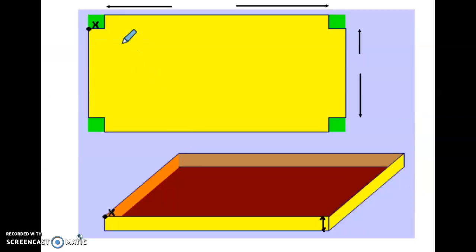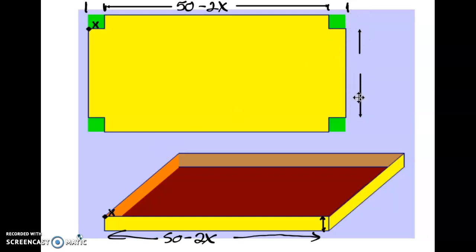So if we look at this box here, the top all the way along is 50 centimeters, but we are taking away x from each side. So we had 50 centimeters, but we've taken away 2 x's. So the base of this box, all the way along here, is 50 minus 2x.